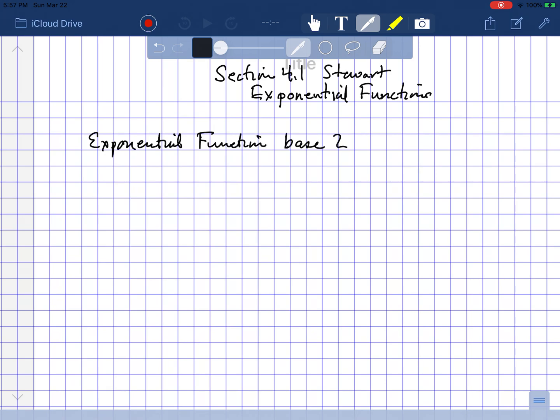That function looks like this. I'm going to call it g of x, and it's equal to 2 to the x power. So the 2 here represents our base.